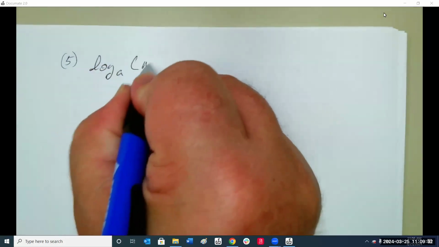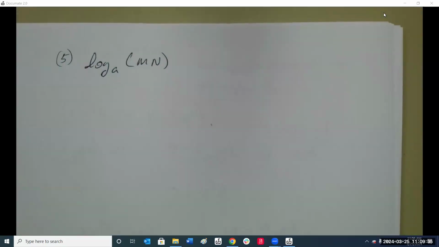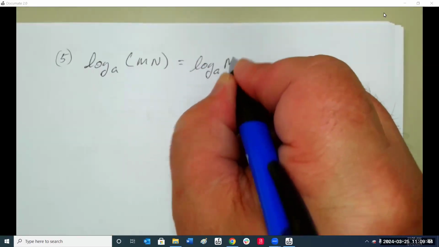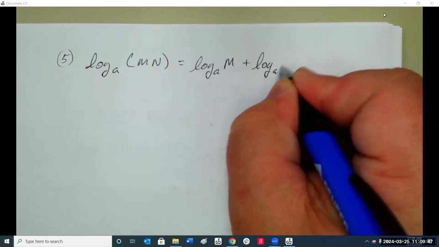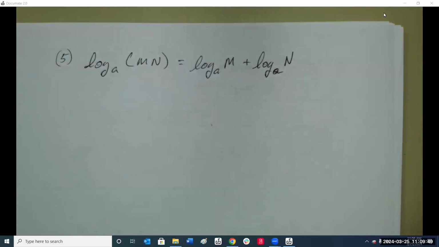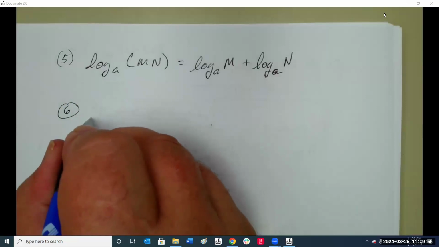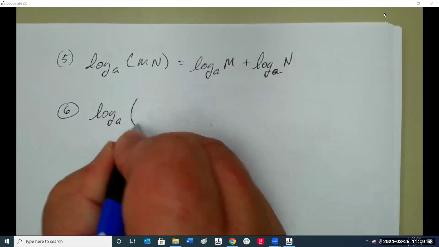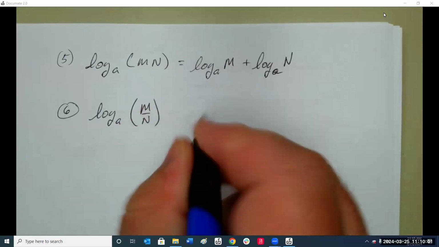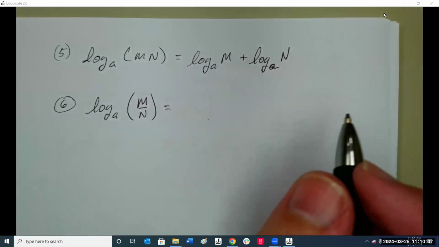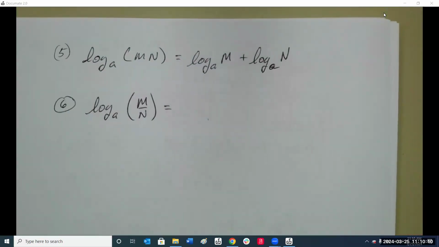Log base a of m times n. Remember, we talked about this last week as well. Whenever you have a product, we can expand them by adding the individual logs. Let's derive this one.